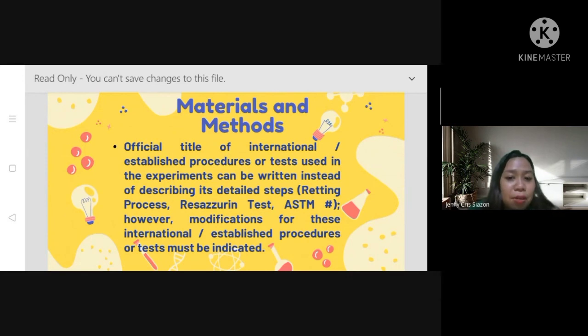No, for example, rating process, Resazurin test, hindi mo na kailangan i-detalyado yan. Kasi mga ano na yan international test yan. Or international procedure na yan. Na alam na ng mga scientist. So, hindi mo na kailangan elaborate yan.